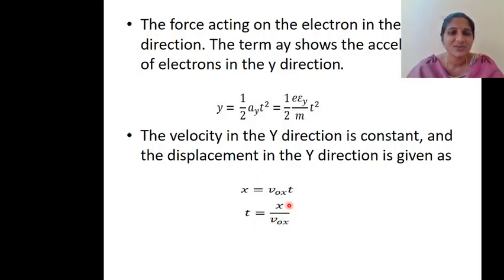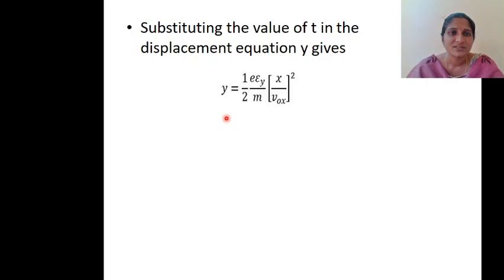Substitute Ay from the previous equation and t from this equation, and you will get the value of y. So y is equal to half into eEy by m into x by Vox, whole squared.